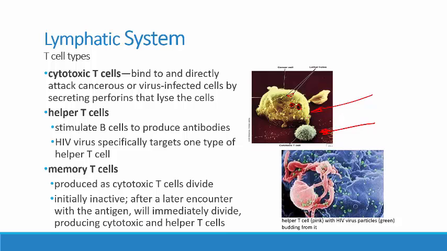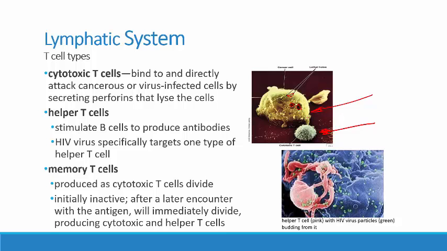And then third are memory T cells. As T cells interact with their antigen-bearing particles, they will divide, and some of the offspring cells that are produced are termed memory T cells because they will remain in the body.